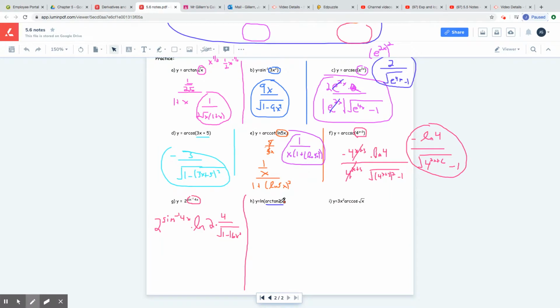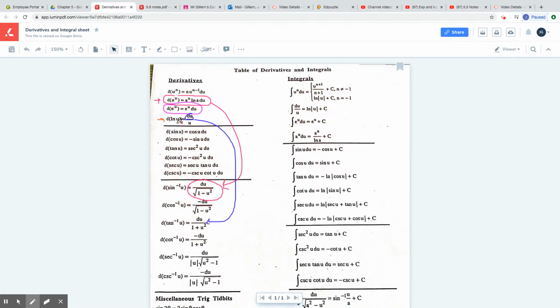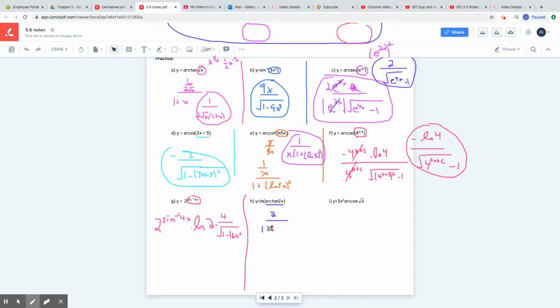So it is du, which is the derivative of 2x, which is 2, over, was it 1 plus u squared? See, I have to look back at it too. Yep, 1 plus u squared, which is 4x squared. So this right here is my du over my u, which is everything there.